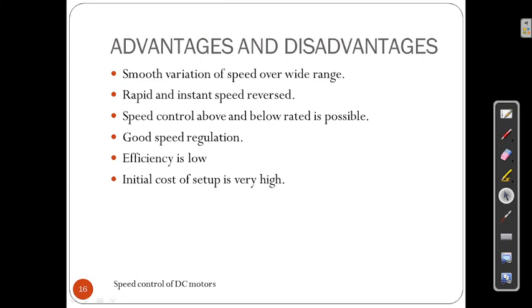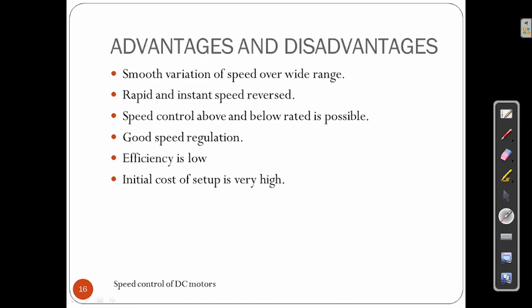Now we will see the advantages and disadvantages. First, it has smooth variation of speed over a wide range. Then rapid and instant speed reversal: the speed reversal takes place instantly. That is the main advantage here. Then speed control above and below rated speed is also possible.